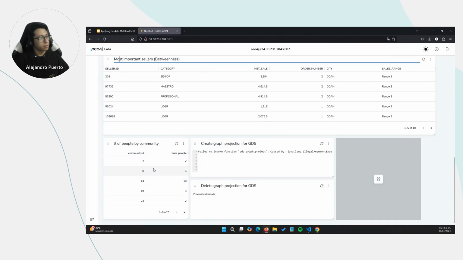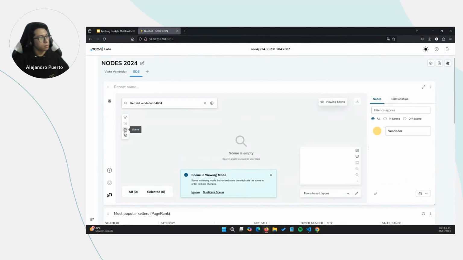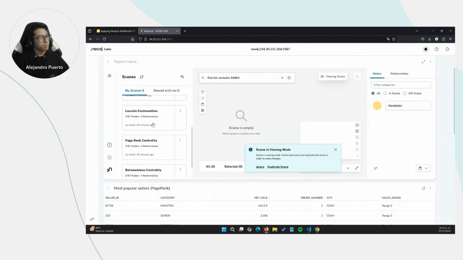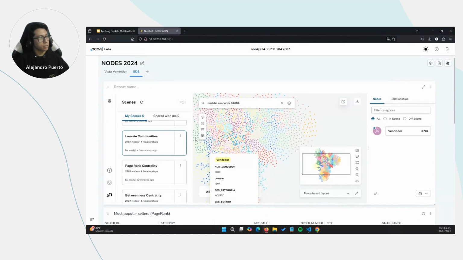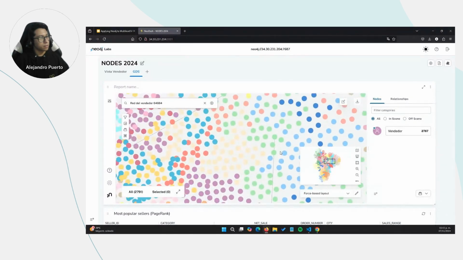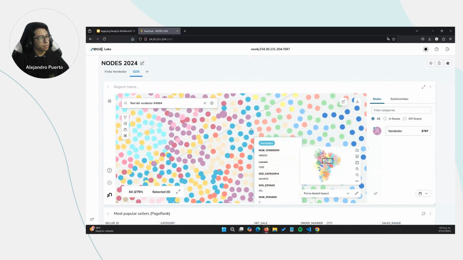And we also applied the Louvain community detection algorithm to know what are some communities within the network. Neo4j Bloom makes the process of finding data patterns easier.